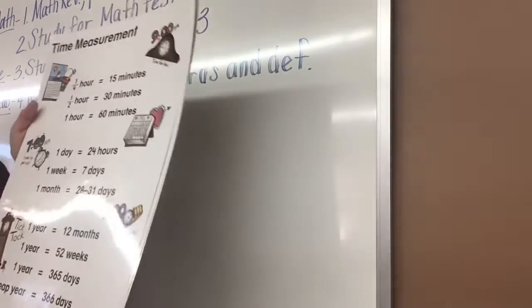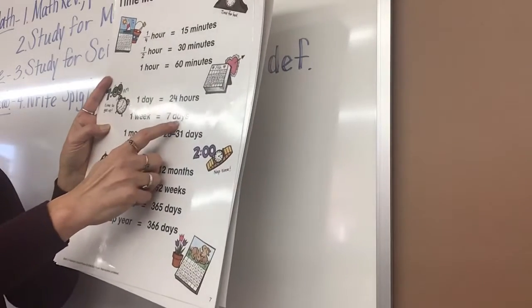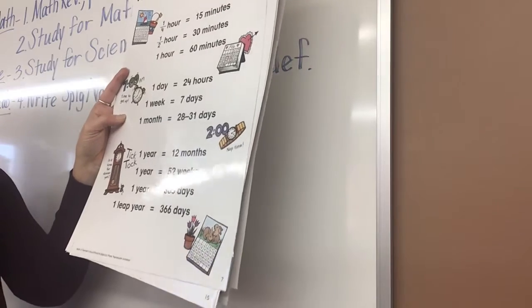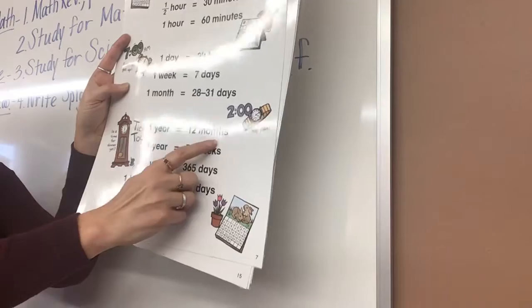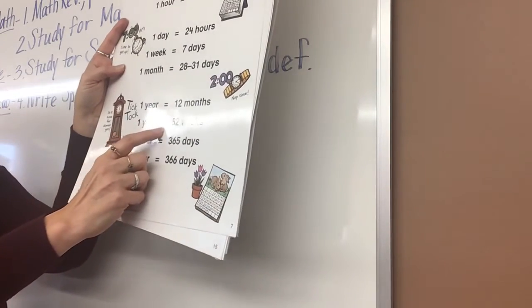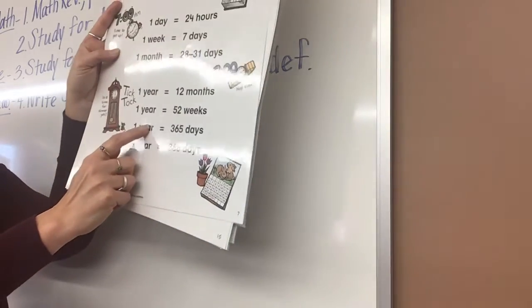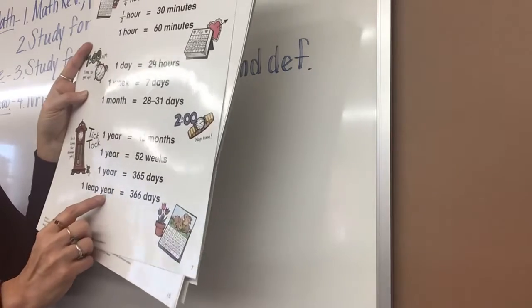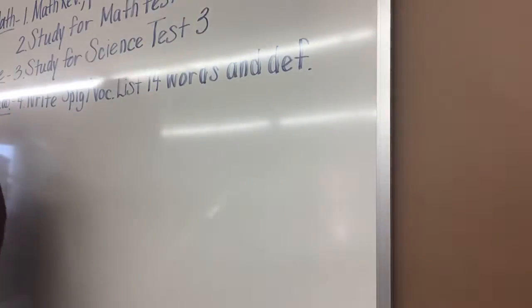So 12 and 12 is 24. 1 week equals 7 days. 1 month equals 28 to 31 days. 1 year equals 12 months. 1 year equals about 52 weeks. 1 year equals 365 days. 1 leap year equals 366 days. You do need to know those for the test.